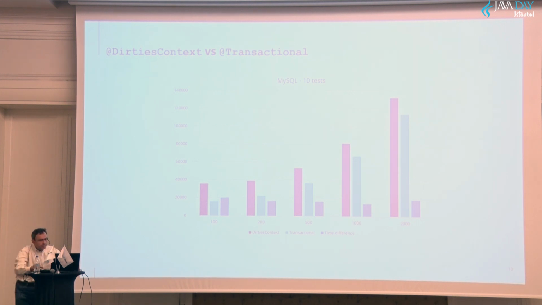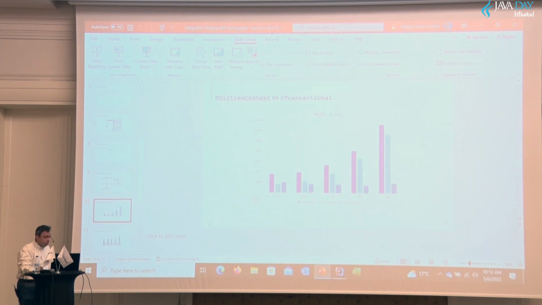How can I show you my cursor? Aha, okay, here. So this first bar here is the dirties context annotation execution time. This is the transactional, and this is the difference between them. It's not non-transactional. I changed my question slightly. This difference is probably mostly caused by the recreation of the context.